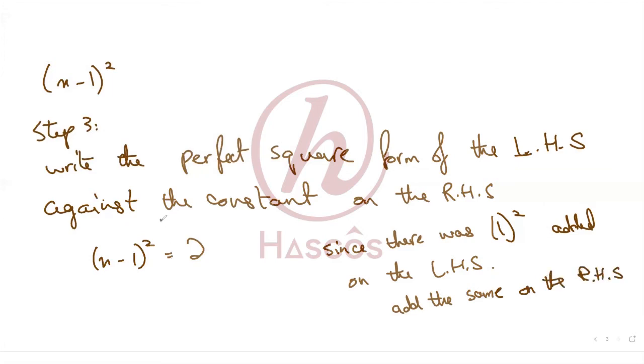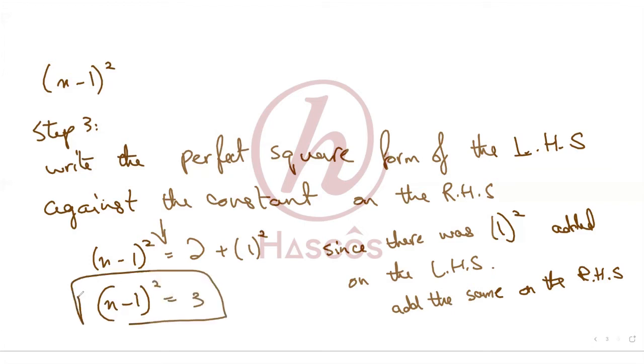Because we have an equals to in between, equals to means whatever is happening on the left hand side, the same is happening on the right hand side, or vice versa. So because we added a plus 1 squared, we're going to add that over here as well, and that simplifies to x minus 1 squared equals 3. So in our step 3, our simplified rearranged equation is x minus 1 the whole thing squared equals 3.